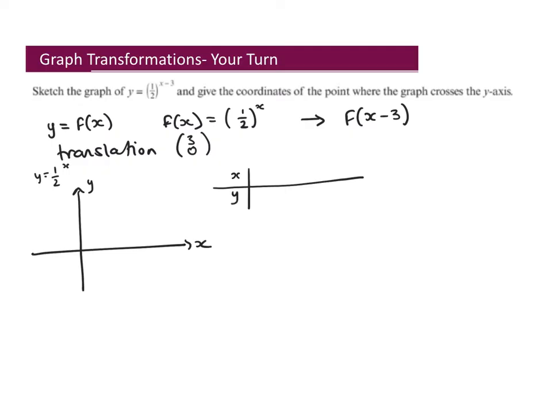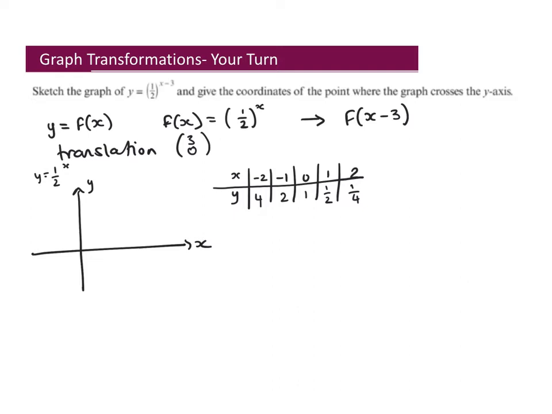If we put in x and y, I always go for the standard: minus 2, minus 1, 0, 1, 2. If I put in a half to the power of minus 2, I'm going to get 4. Half to the power of minus 1, 2. Half to the power of 0, 1. Half to the power of 1, a half. Half to the power of 2, 1 over 4.